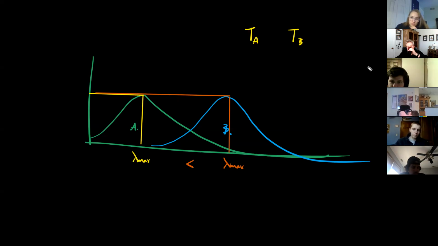Is the temperature of A warmer? The temperature of A is warmer than B because lambda max is shorter wavelengths.